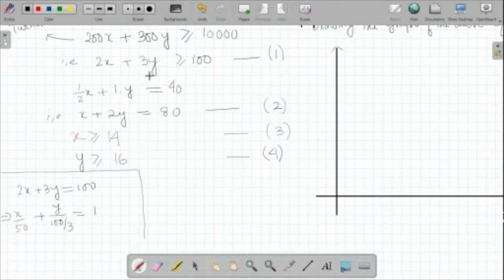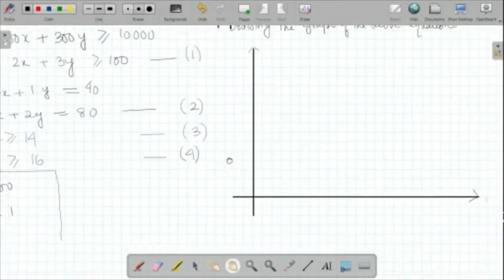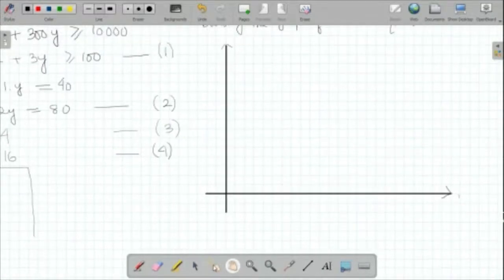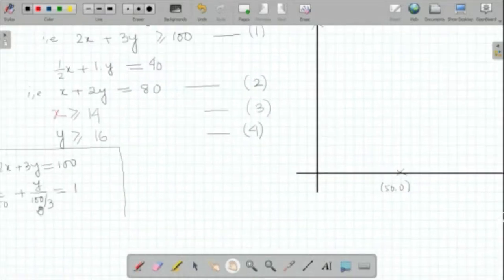Let's see the graph here. x at 50, okay, x at 50. So let's say this is our 50. y is 100 by 3, that means 33 point something.